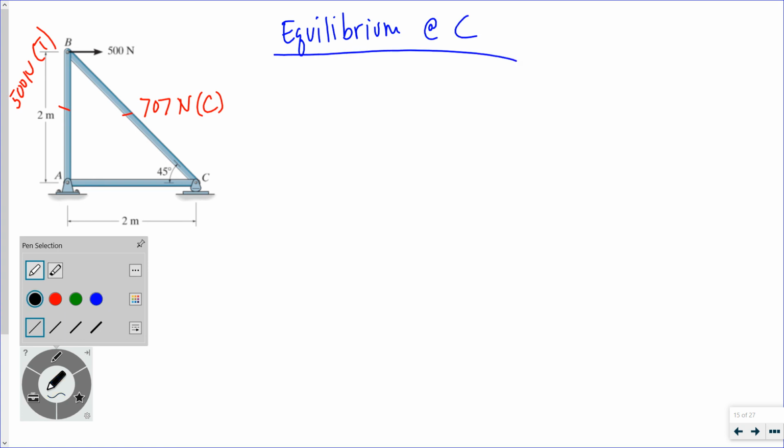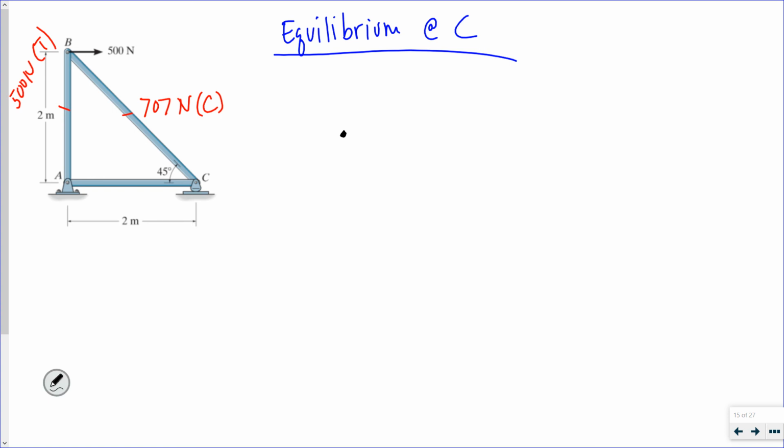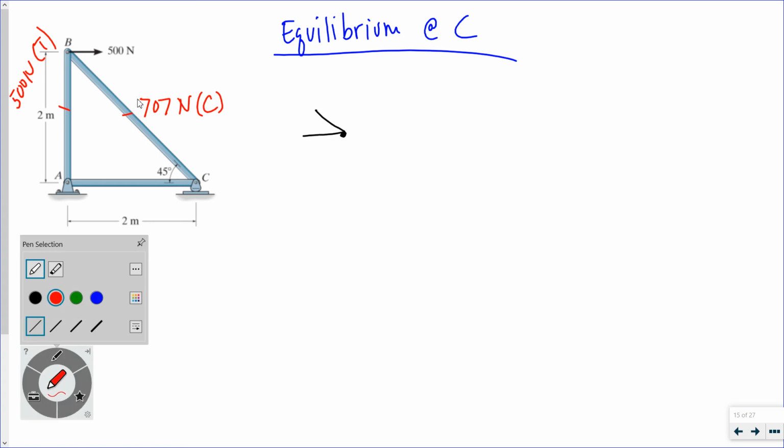All right, so I'm going to look at my joint. I have member BC coming up at a 45-degree angle, member AB, which is horizontal. Then I also have that reaction, right?